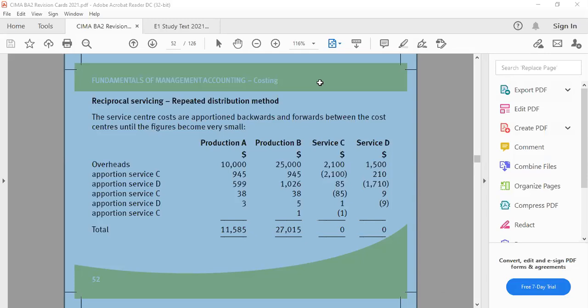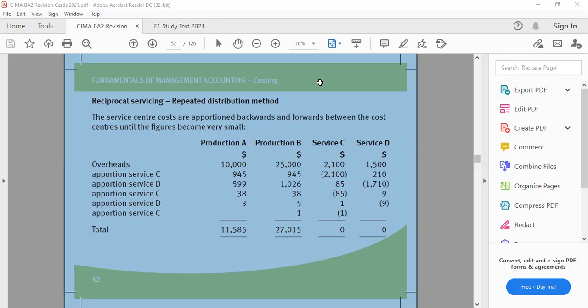The purpose here is to ensure that all the costs are identified only with the production department, because ultimately we need to find out what is cost price per unit. So if that is the case, the cost should be only known with the production department. So in the production department, find out what's the total cost and divided by the number of units gives us what is production cost per unit.